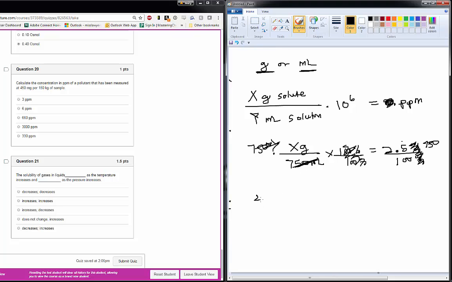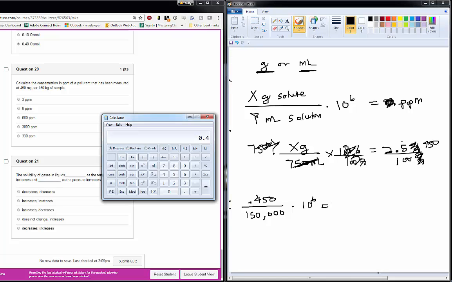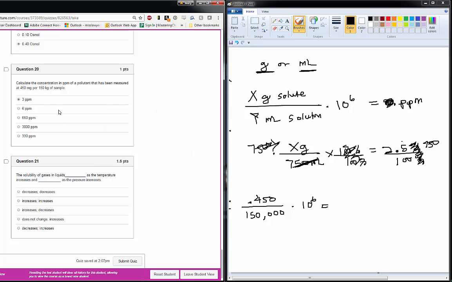I'm going to say 450 milligrams becomes 0.450 grams. 150 kilograms is 150,000 grams. And multiply this by 10 to the 6 to make it a million. 0.450 divided by 150,000 multiplied by 1 times 10 to the 6th gives me 3 parts per million. This was a homework question too.